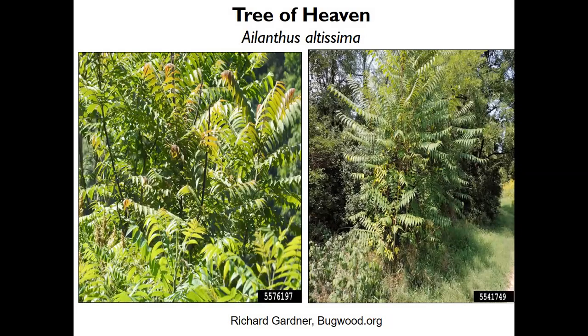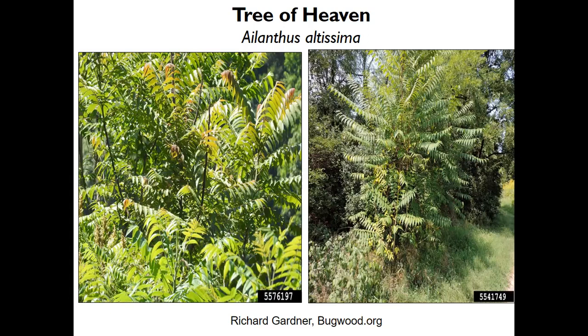Tree of heaven is another troublesome tree. A plant as young as 2 years can produce viable seeds that are dispersed by wind and water. Roots produce chemicals that discourage other plants from growing. It's something called allelopathy, which is when a plant is able to prevent other plants from growing around it or reduce their ability.